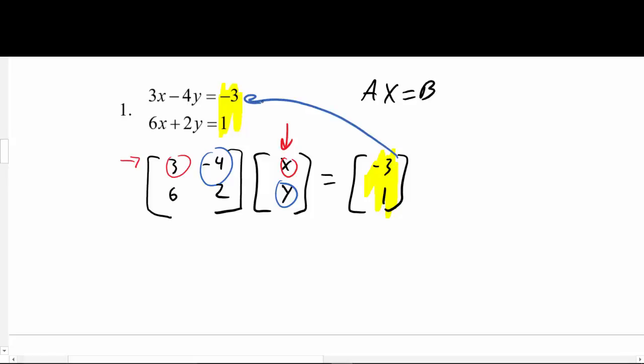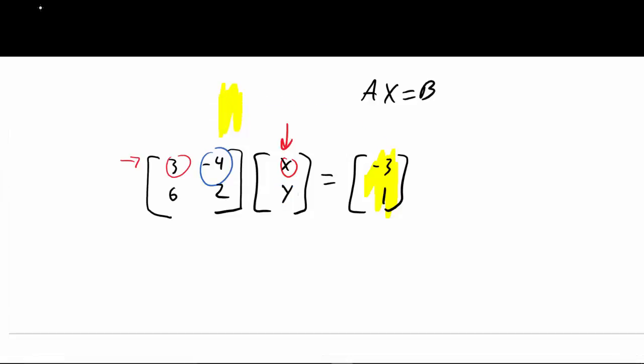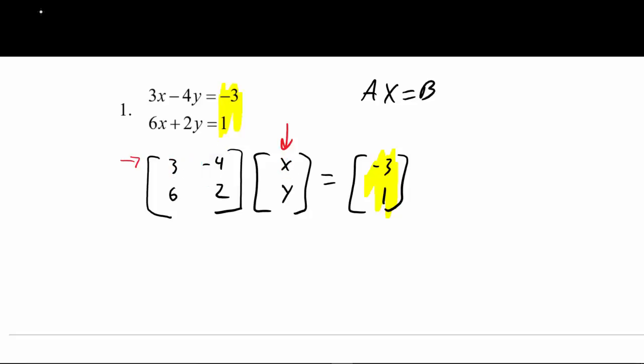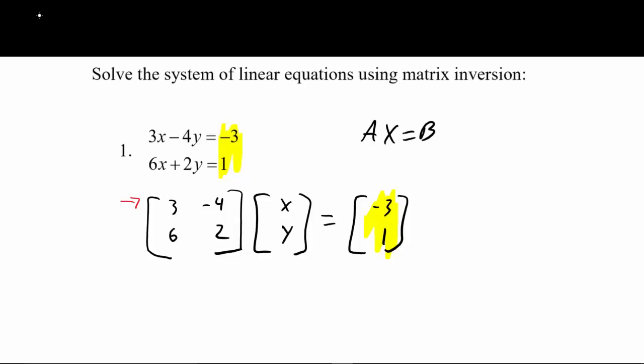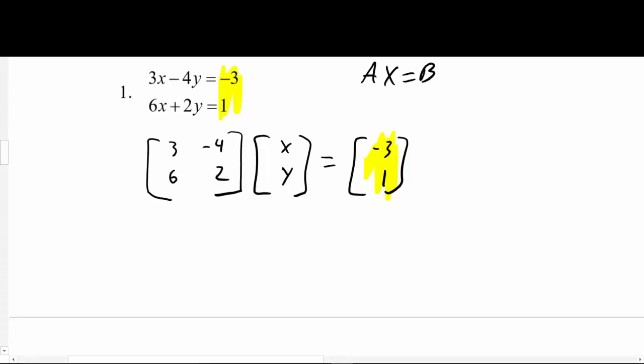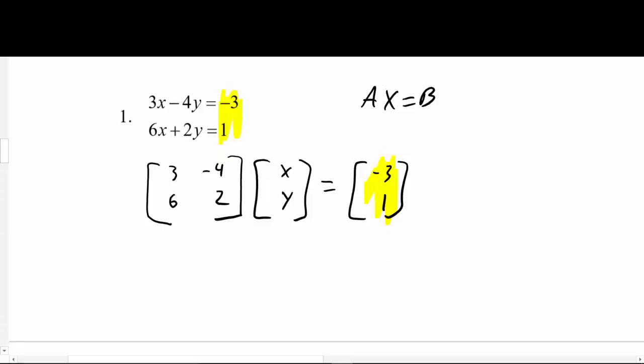You'll notice writing it this way builds our equations. So it's just a way of taking your equations and rewriting them in a matrix, giving a different look, and you'll see it's helpful in certain scenarios. So now the question is how do I solve this?